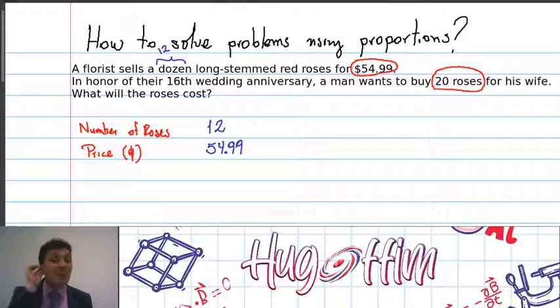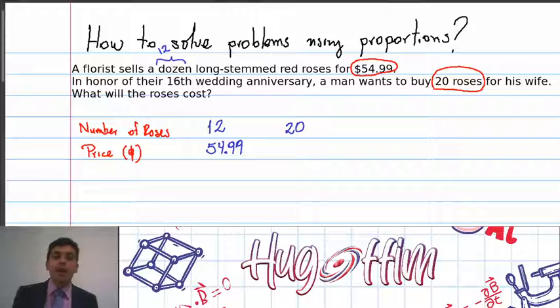Now we're going to continue our table. It says that the man buys 20 roses for his wife, so 20 roses. And these 20 roses represent the price that we don't know. I'm going to put P to be the price.